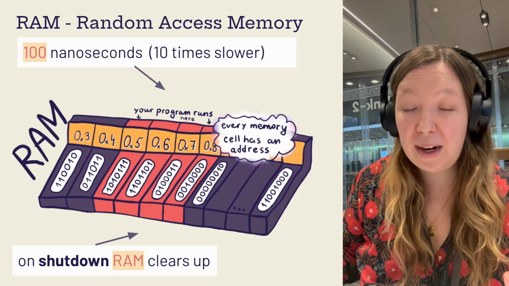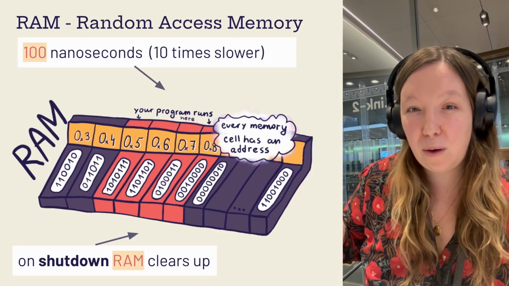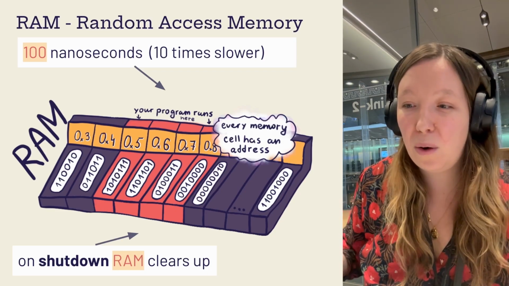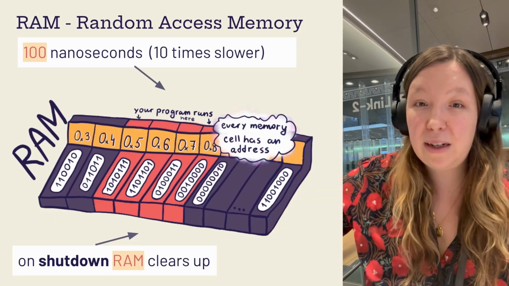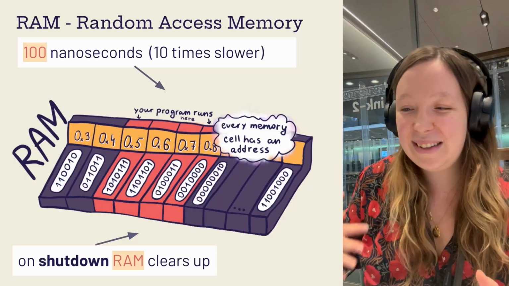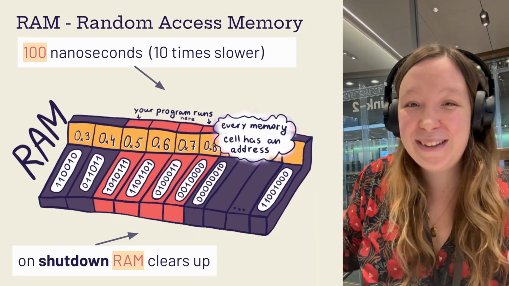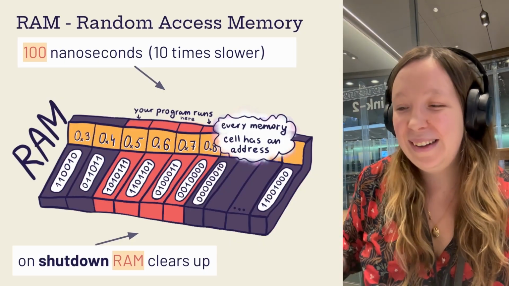It's the working memory of a computer, so if you restart your computer or shut it down, everything in random access memory is cleared up, and on start again, it gets filled again. That's why it often helps to reload your system if something goes wrong.